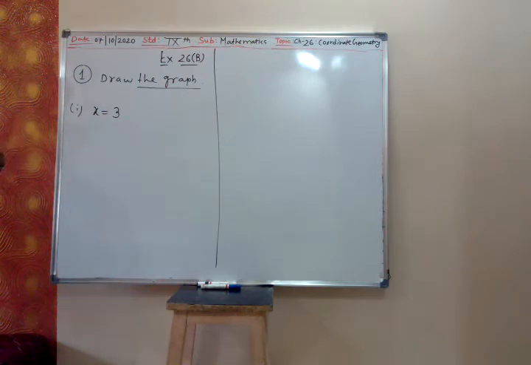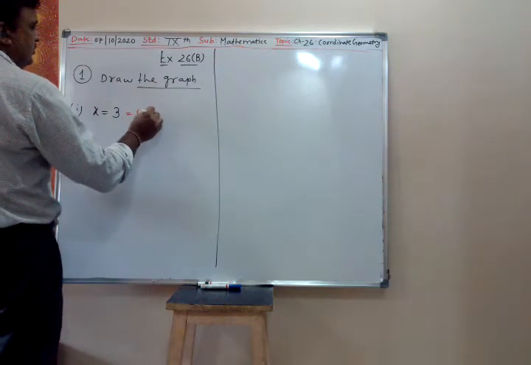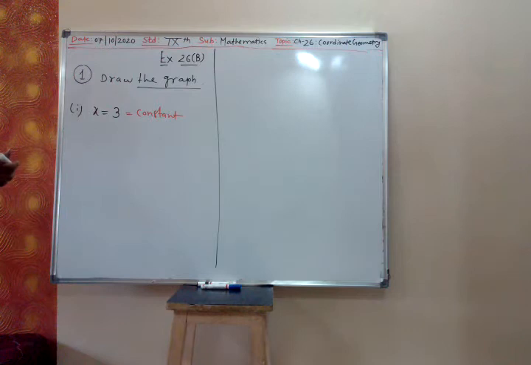Now what is 3? 3 is my constant. So this you remember: x is equal to constant. Constant means number. So whenever x is some number, the graph of x is equal to constant is parallel to y-axis.